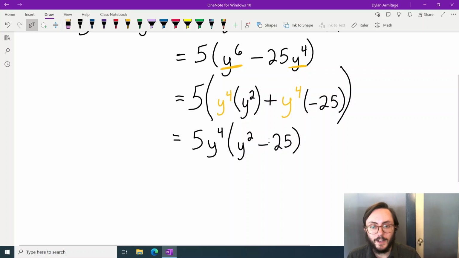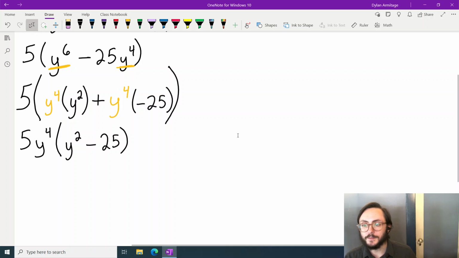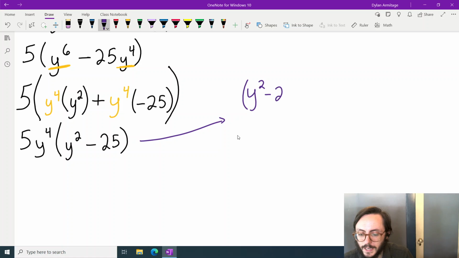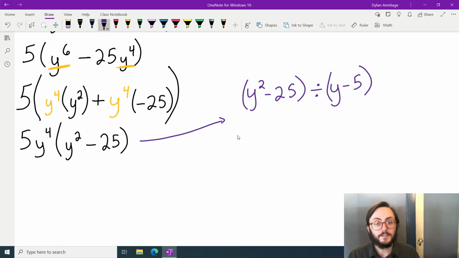So let's go ahead and just divide. I'm going to work over here. Let's do y squared minus 25 divided by y minus 5. We can be pretty sure that y minus 5 is a factor, but let's make sure.